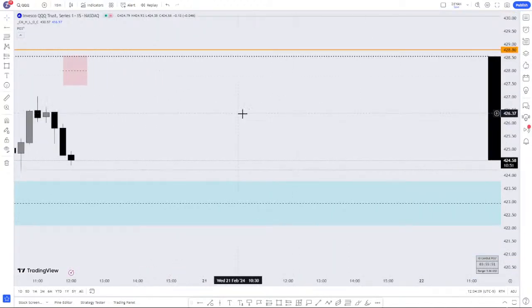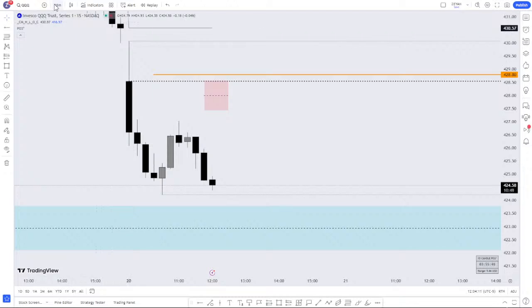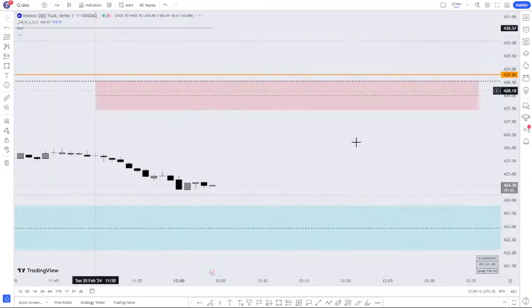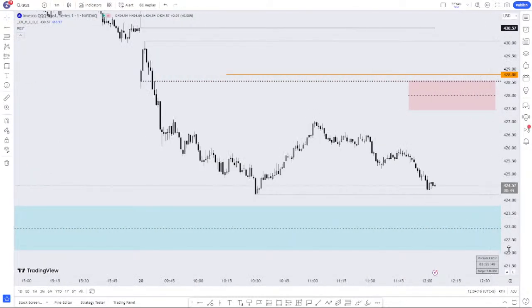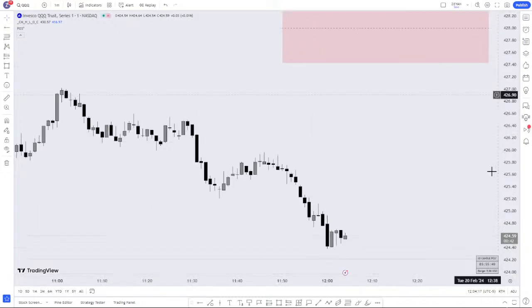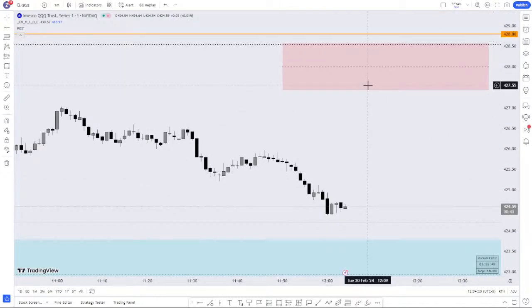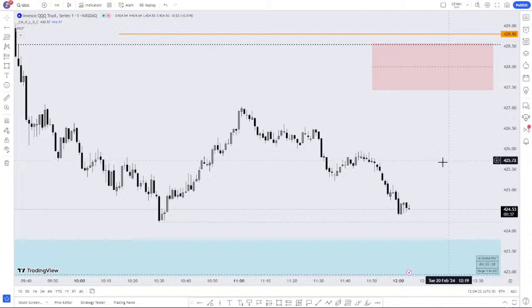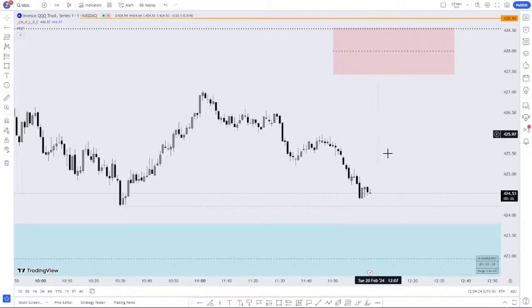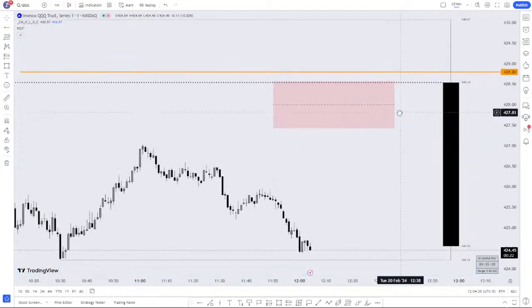So it clears everything out when you have the right reference points and areas of interest. So this is the area of interest. What is more probable? I'm not going long as we are below this point, and if the price reaches this point, you get the idea.